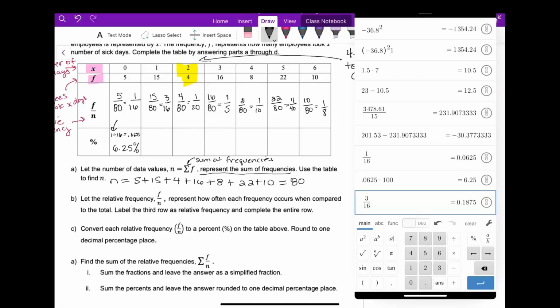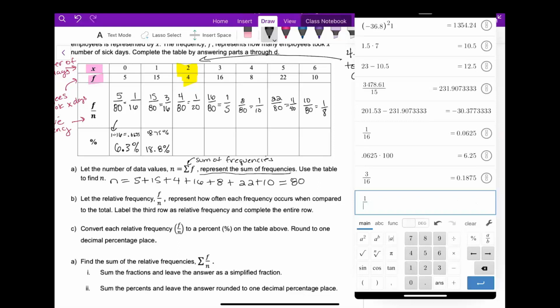I forgot to round. I'm just looking at that. So this was 6.25. We are going to round to 6.3. All right, so this one we have 18.75. We're going to round. So this is going to be 18.8%.